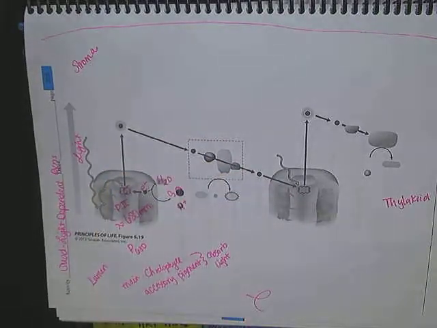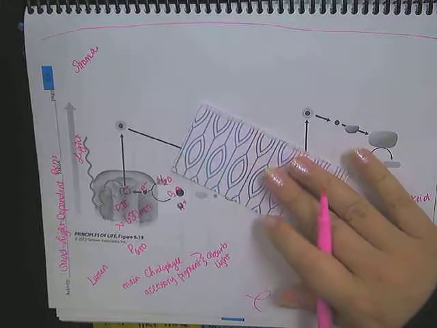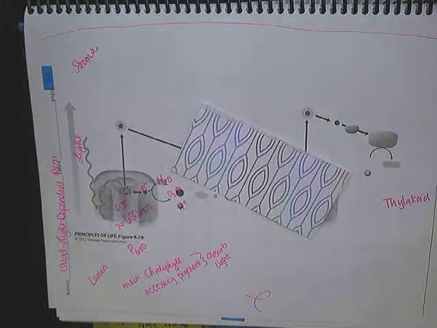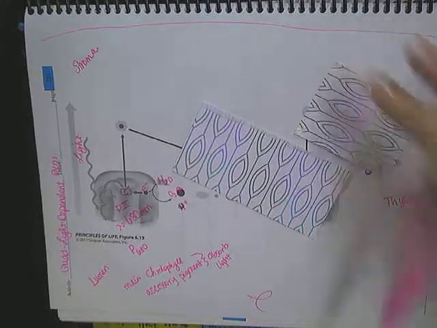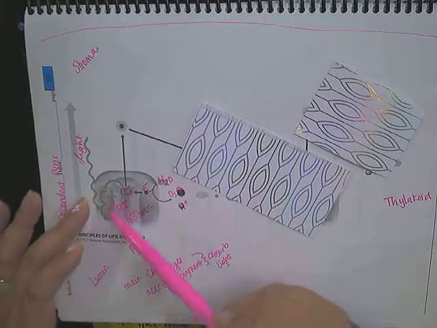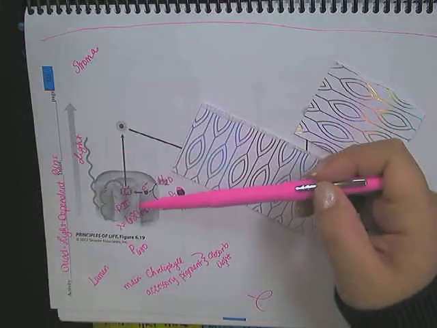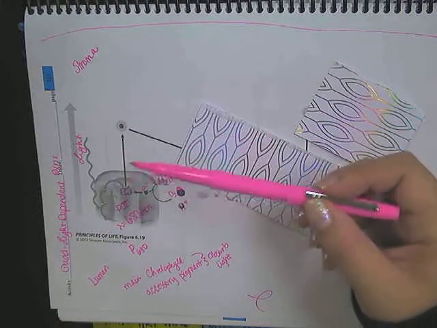become excited. Now, if we were to take a look at this process, I'm going to try to cover all of this up. Electrons that are excited go to a higher energy state and then are allowed to fall back down will give off that energy in the form of light.